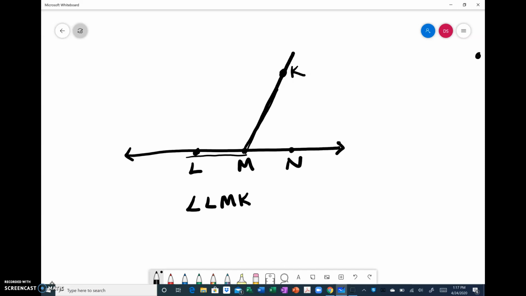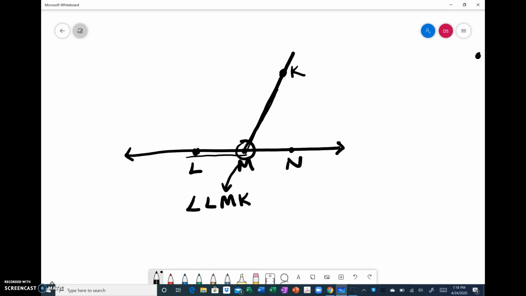LMK. It's obtuse because it is larger than a 90-degree angle that would come through here. Okay? And it's called LMK because I have my 2 endpoints or points on the outside of the angle on the rays, and then this is our vertex, so it has to be the center of the name of the angle.